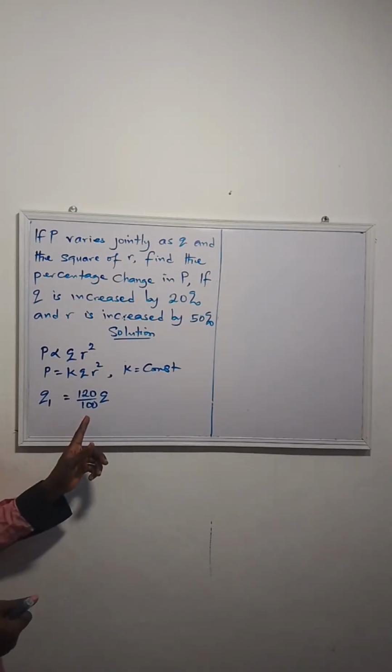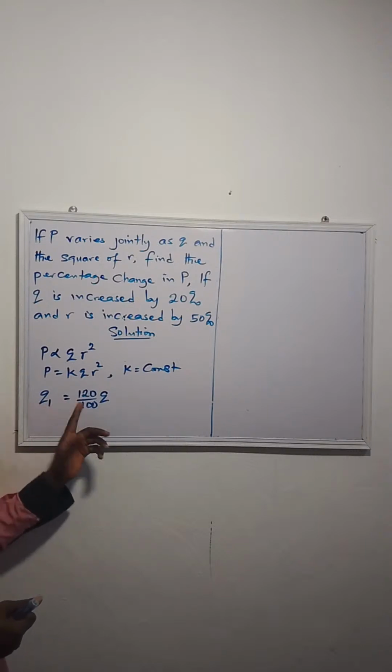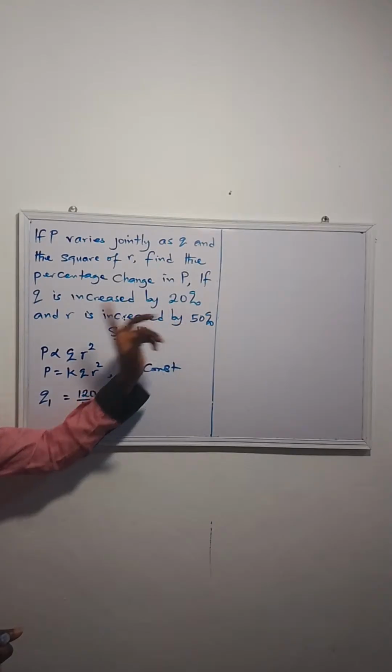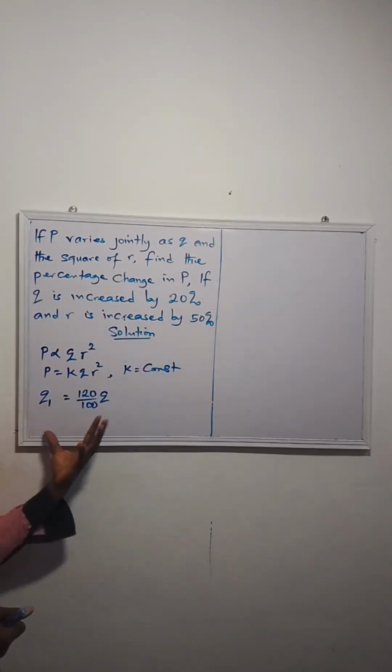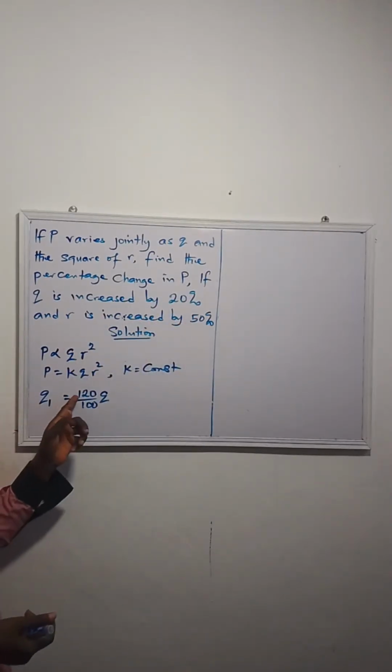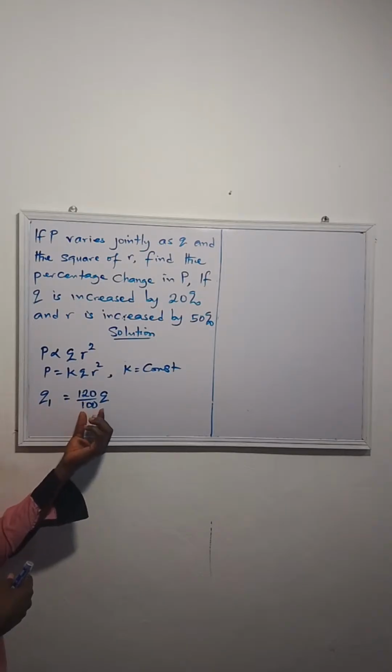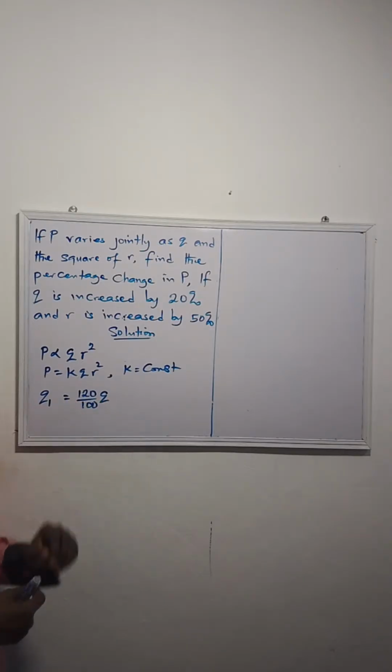The same thing we apply here. Since Q has been increased by 20%, we just add 20 to 100, so 120 divided by 100 times Q.